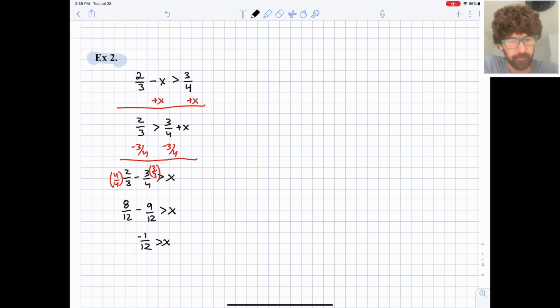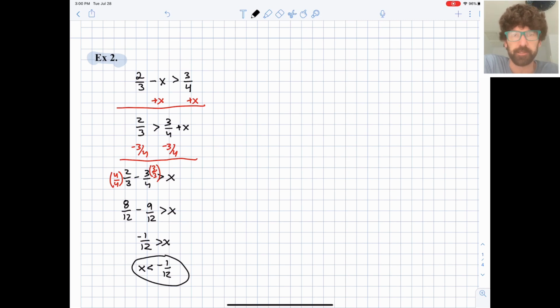And I'm going to flip that whole thing around, including the inequality symbol. This is just telling me that x has to be smaller than -1/12. In this case, what I'm going to do is a quick mental check. I'm going to plug in an extreme number, and the reason I'm doing that is because I did some switching of my inequality sign. I flipped some orders.